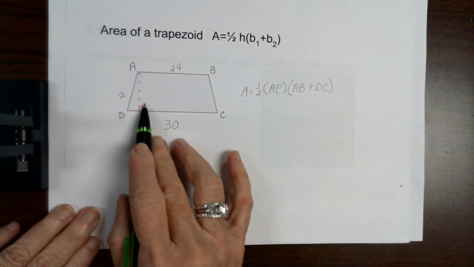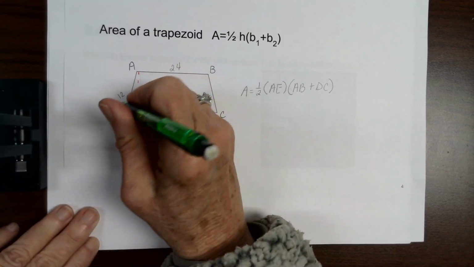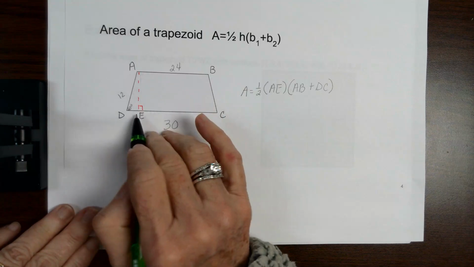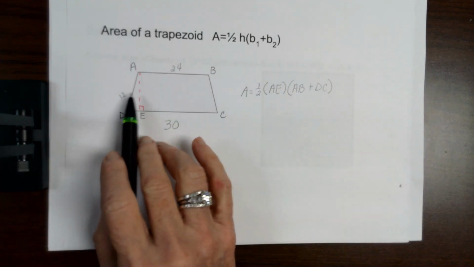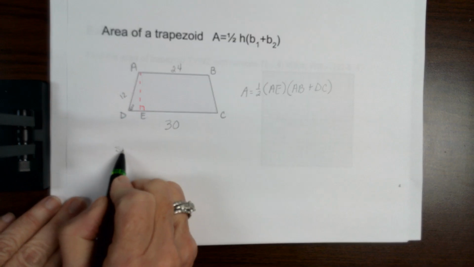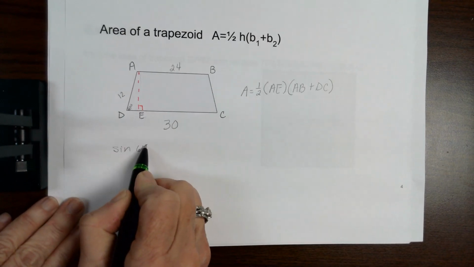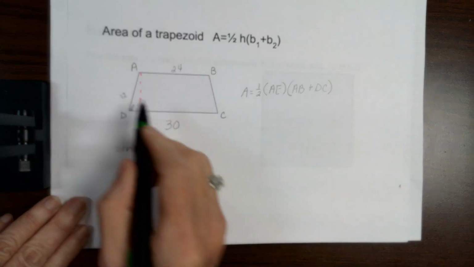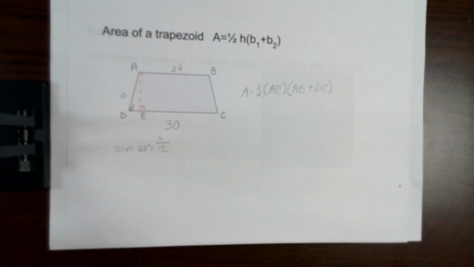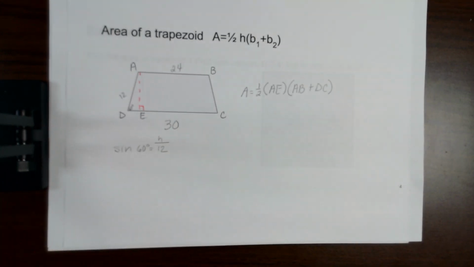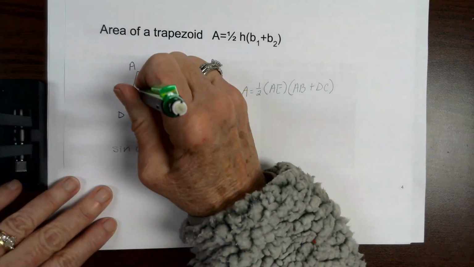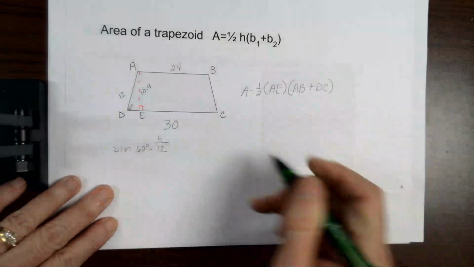I would have to use what I have already learned how to do. Let's say that they tell me that's 60 to find the height here. So I am going to use the sine of 60 would equal the height, or opposite over the hypotenuse, which is 12 here. So 12 times the sine of 60 says the height is 10.4. So now I have everything I need.